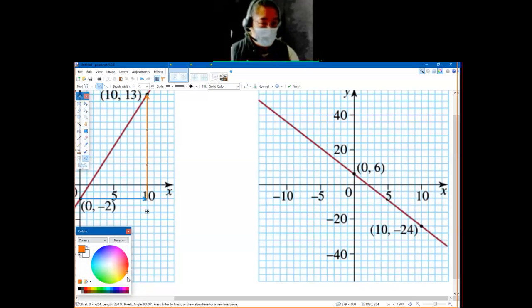Okay, so I'm in orange, so I'm going to do the rise. So I'm going to go up or down because that point is lower. I'm going to go up to here, roughly. Okay, and then I'm going to change it to blue.